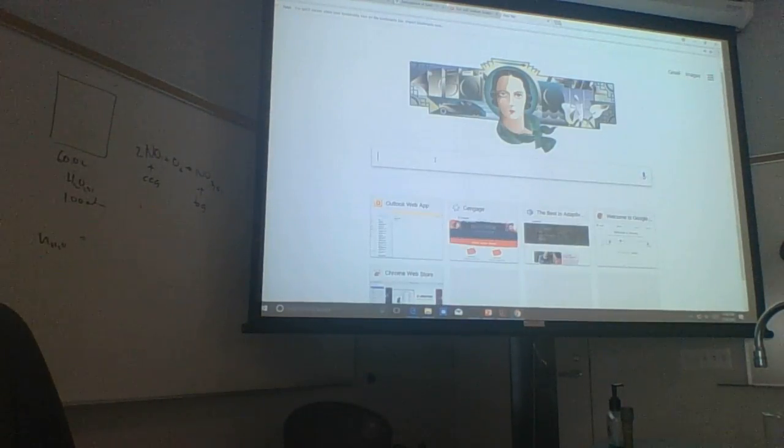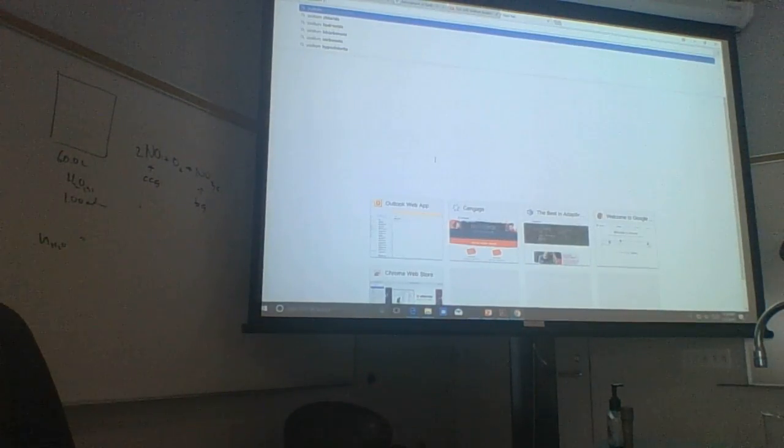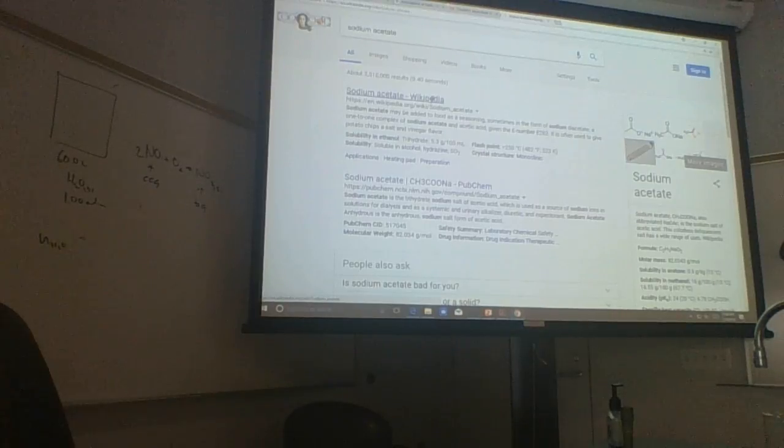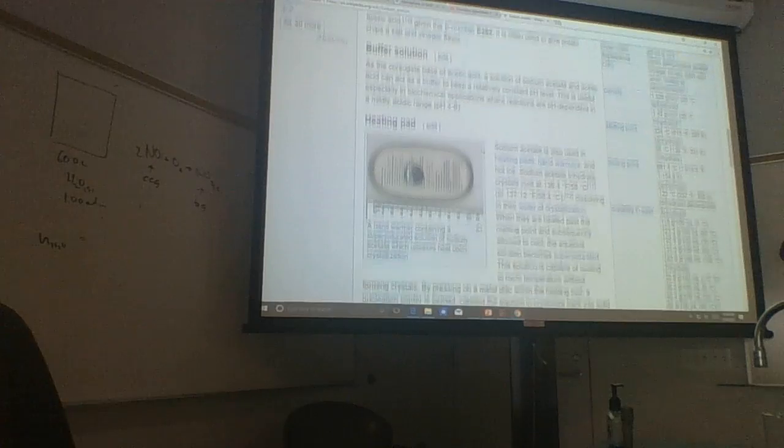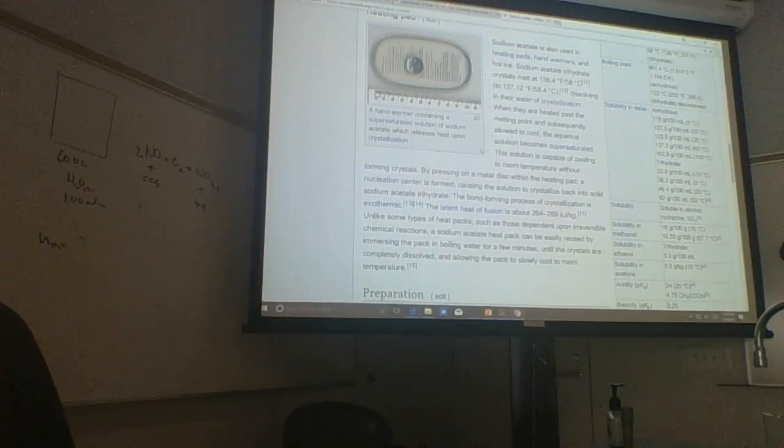If we go look at the Wikipedia for sodium acetate, it probably shows it. Take a look at the difference in solubilities at the different temperatures.